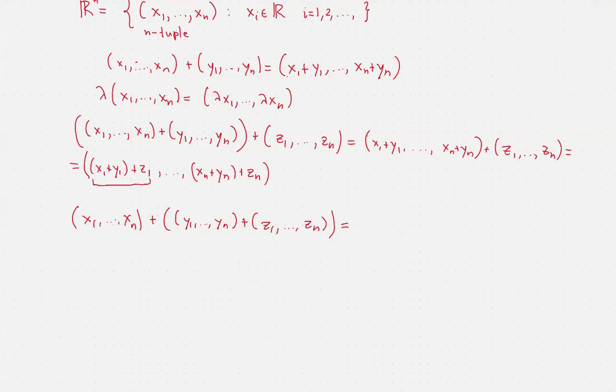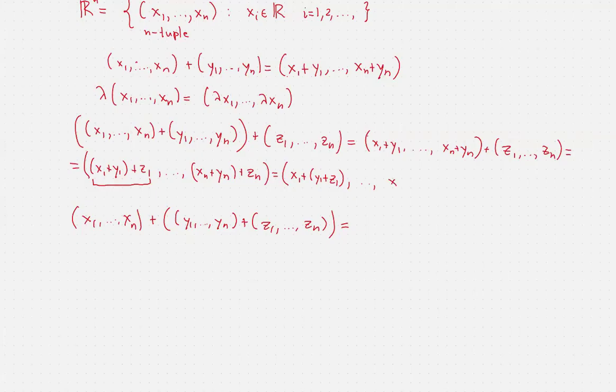But you can carry out the parentheses to the last two summands on each coordinate. So this will be x1 plus y1 plus z1, comma, xn plus yn plus zn.